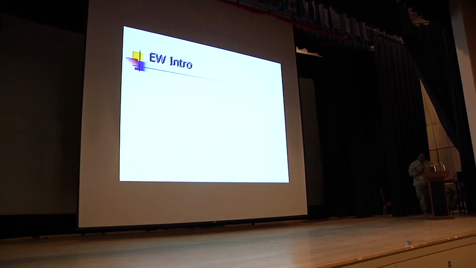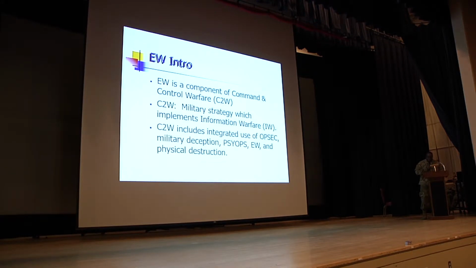There's three components of electronic warfare: electronic support, electronic attack, and electronic protection. Increasing importance of EW. Technology is evolving, the battlefield is evolving, and with it the means are evolving.